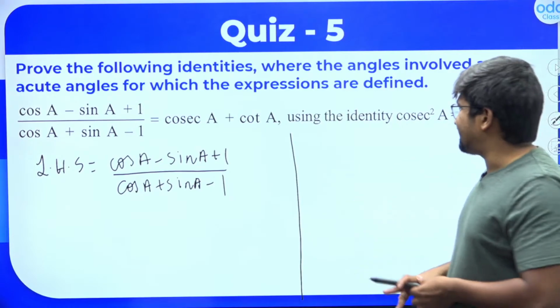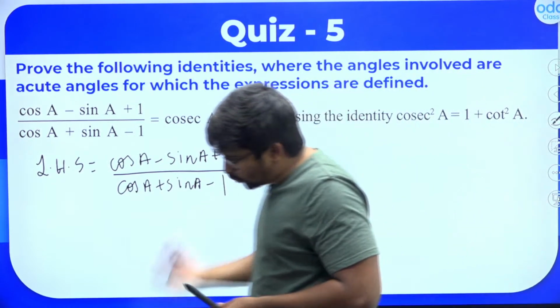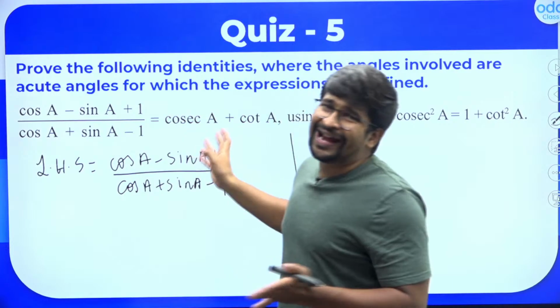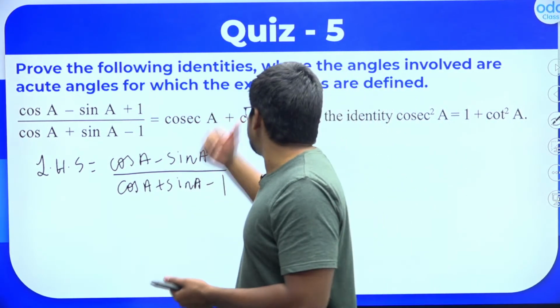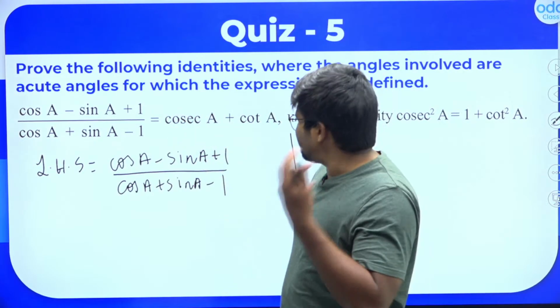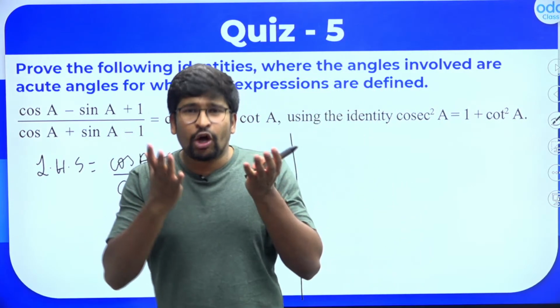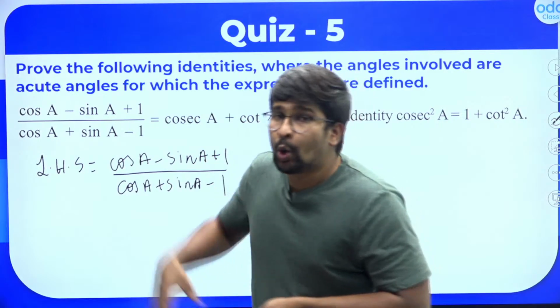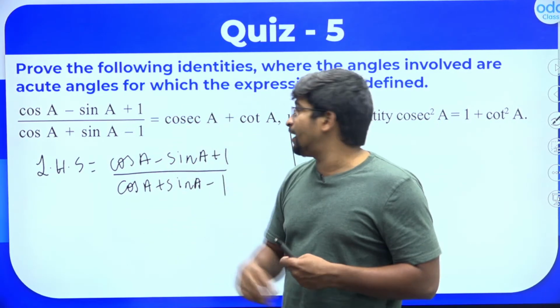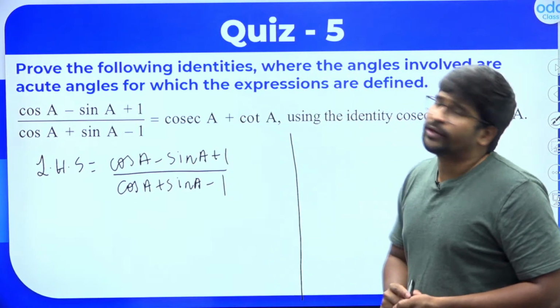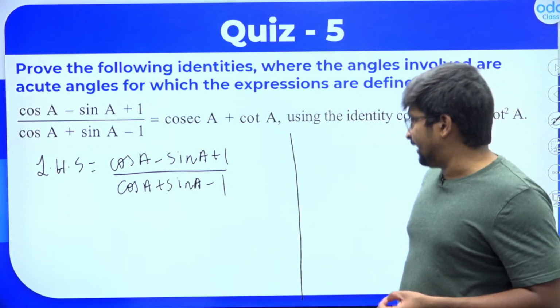In the right hand side, there is a combination of cosec and cot. But in the left side, not even an iota of presence of cosec and cot is there. So, think logically, how can you convert whatever is present here to cosec and cot? How can we do it? Let's do something interesting here.